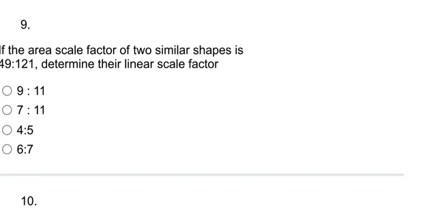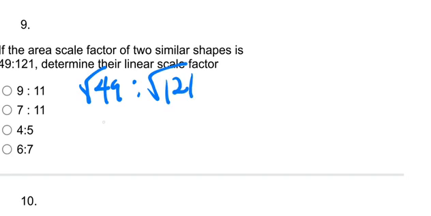But if you are moving from linear to volume, you cube it. Just the same thing we just finished in question number 8. So we're going to have the square root of 49 ratio square root of 121, and this gives us 7 to 11, which is this option here.